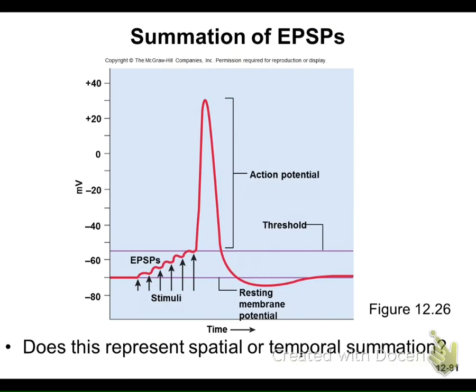So we continue to push a little bit closer and a little bit closer and a little bit closer because of that rapid firing of the signals until such time we do reach threshold.